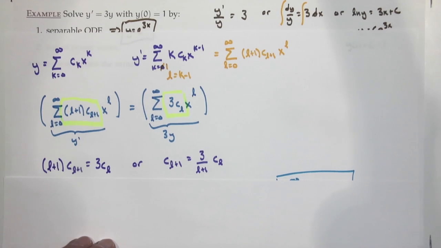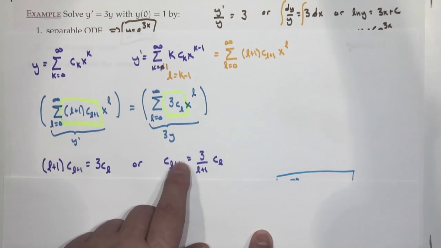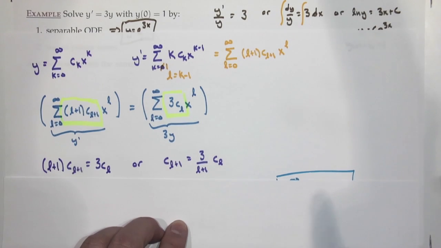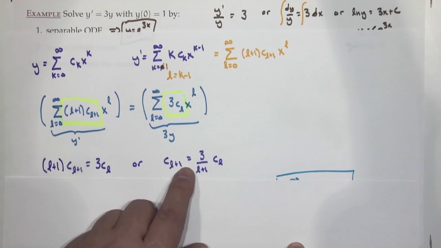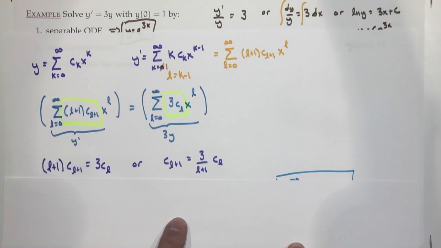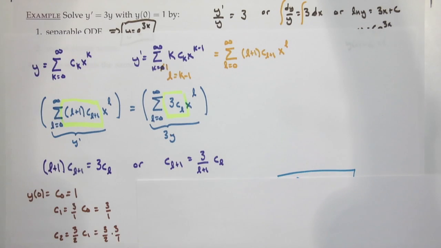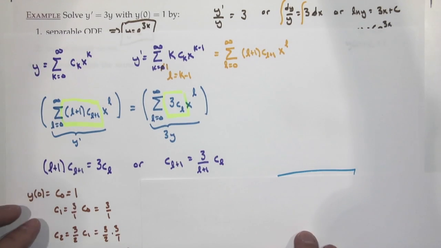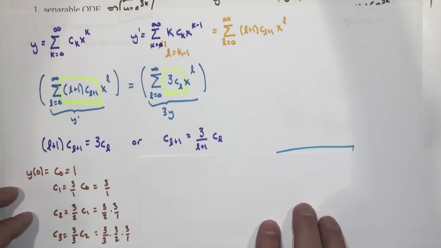How? Plug it into here. If I have c_1, can I find c_2? How? Plug it into here. And it keeps going.